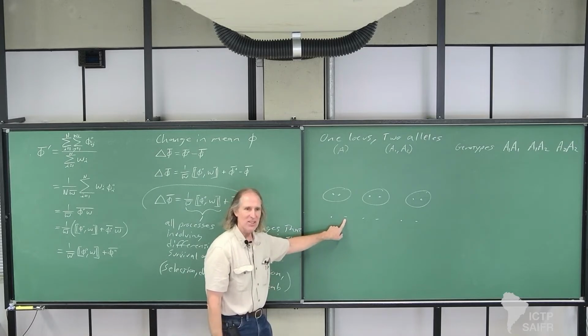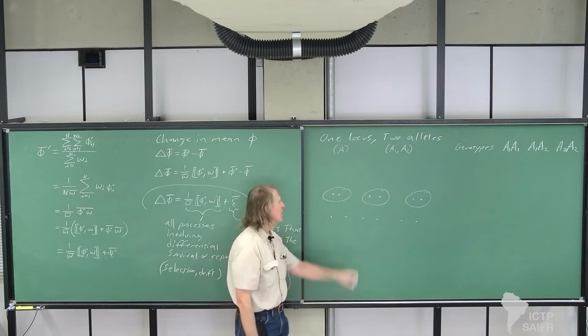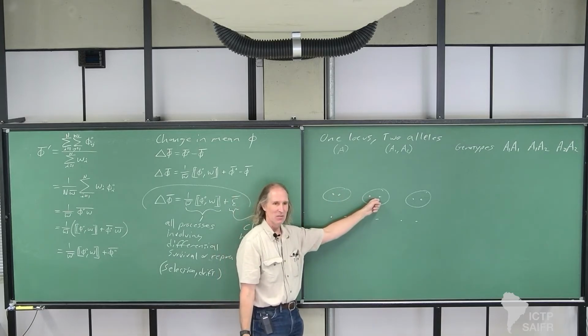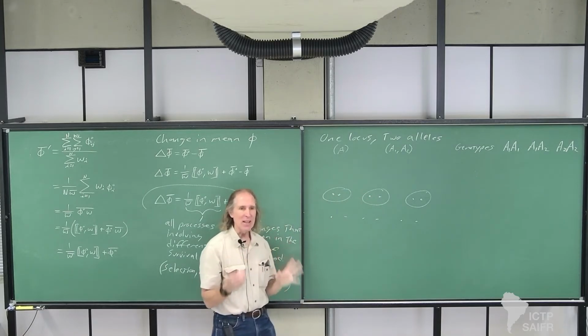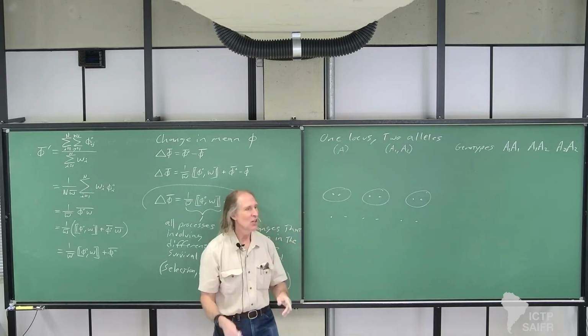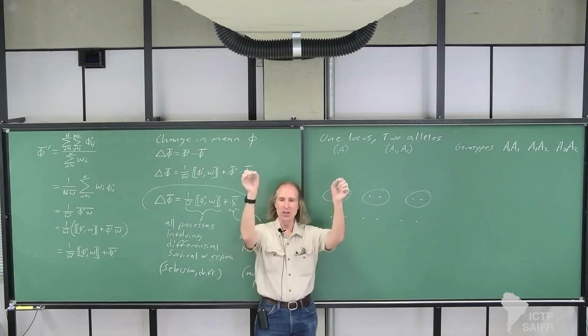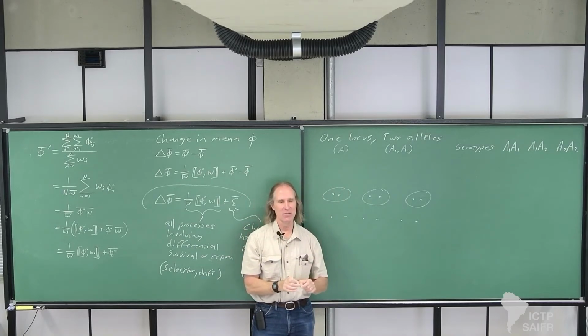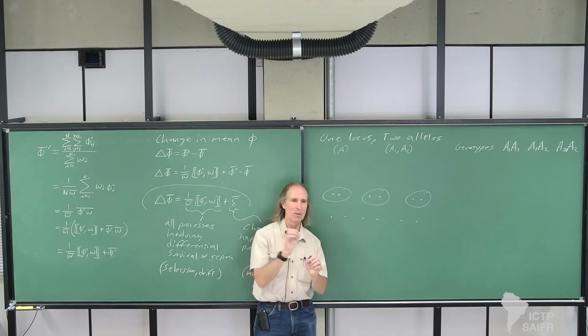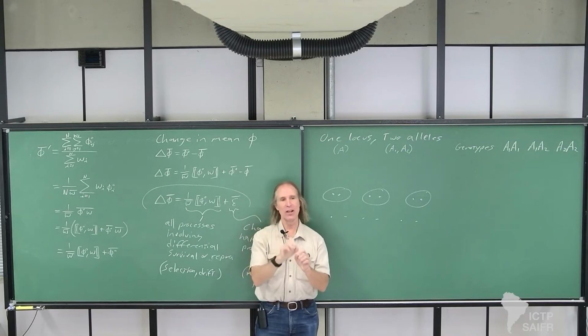When selection comes in, we do, because the thing that has a fitness is this individual versus this individual. So the basic trick of coalescence is to ignore individuals and just look at gene copies and their lineages. You can't do that when selection's acting. You have to pay attention to which gene copy is in an individual organism with which other ones.